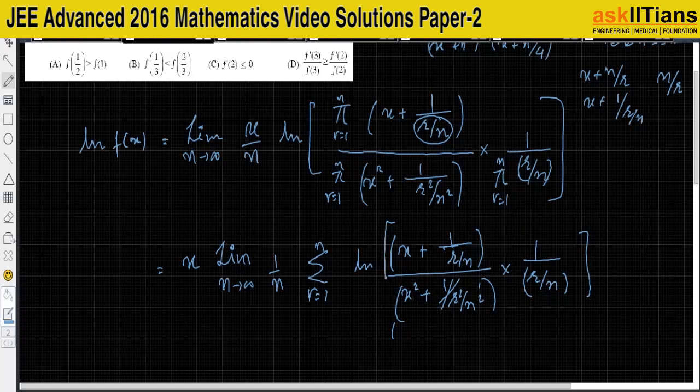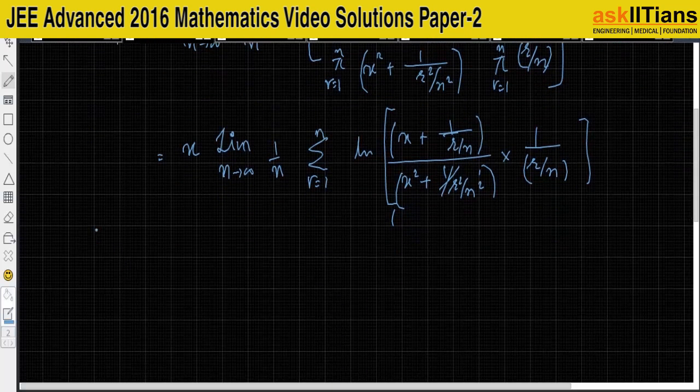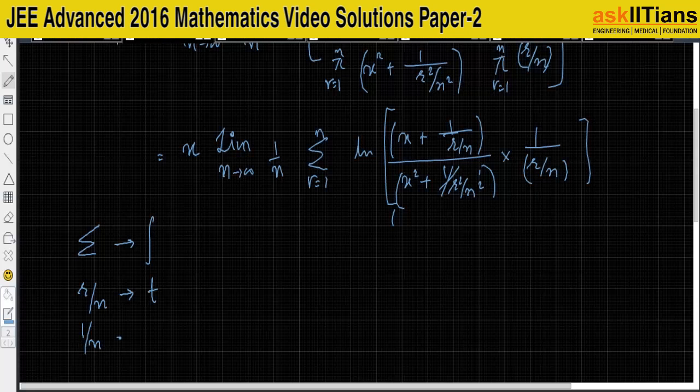Now we know whenever we are using the limit of a sum, the concept is I'll replace sigma with the integration sign, and I'll replace r by n with some variable. Let me take the variable as t because x is already in use, and 1 by n I'll replace by dt. So this entire thing will get converted to an integration.